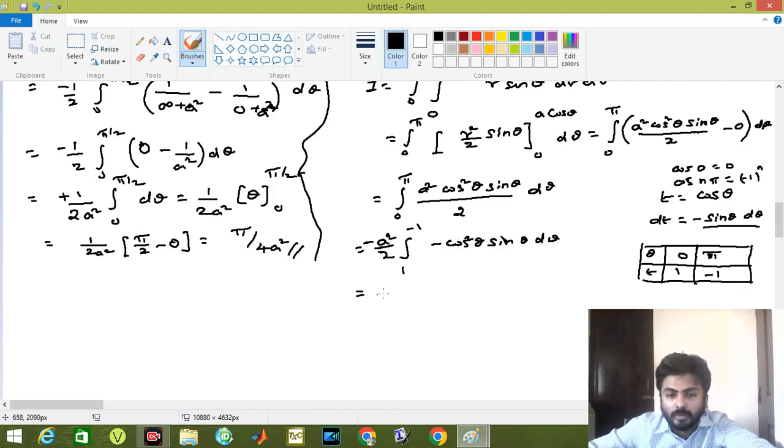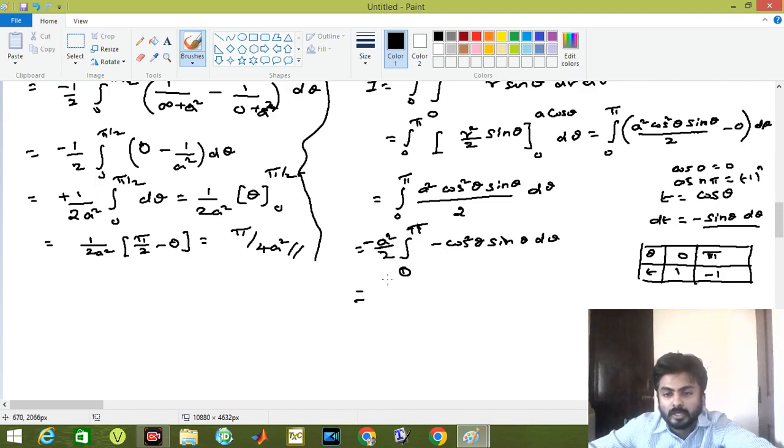Now I will have minus a square by 2 integral 1 to minus 1. Actually this is not correct, because we have substituted the limits, so put 0 to pi here: minus a square by 2 cos square theta sin theta d theta.